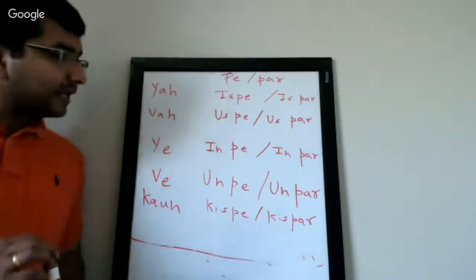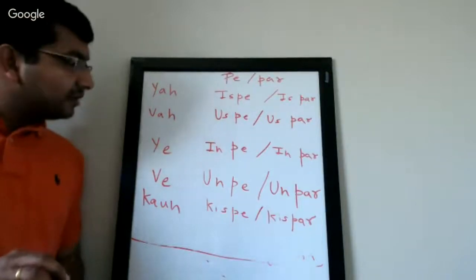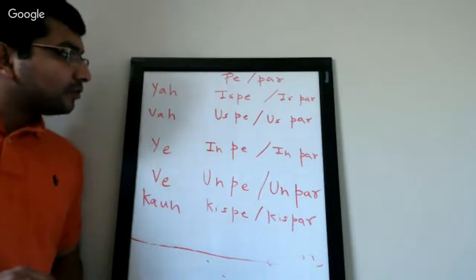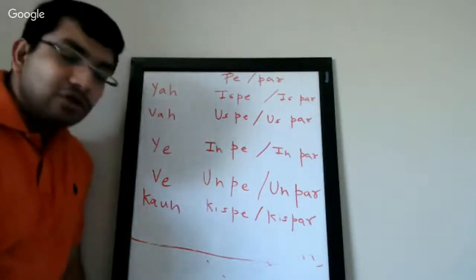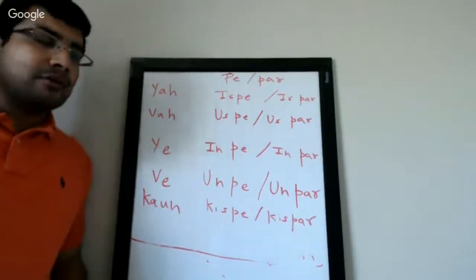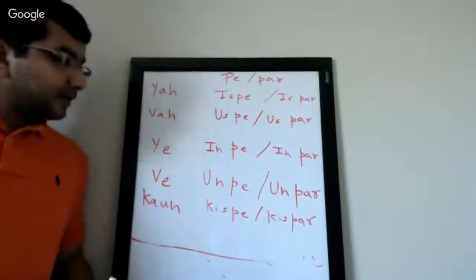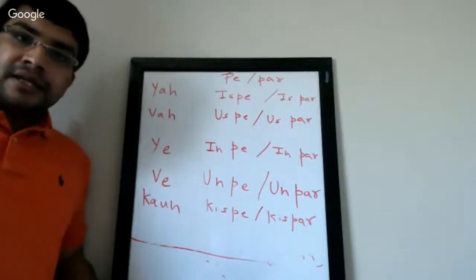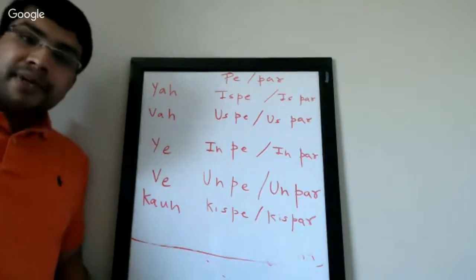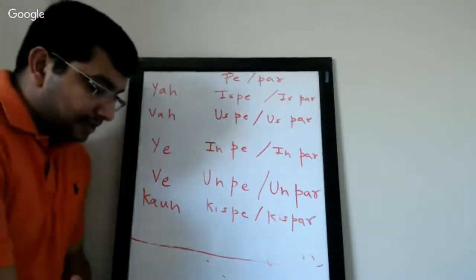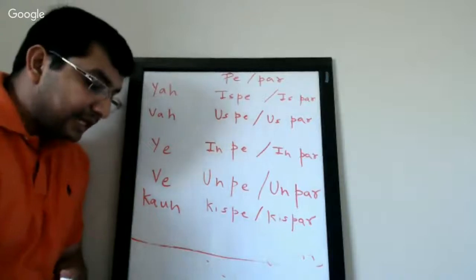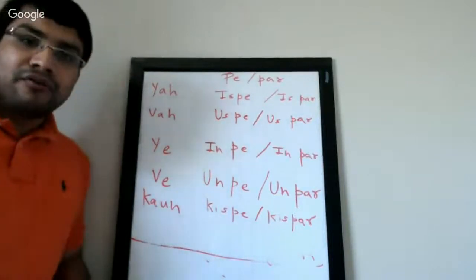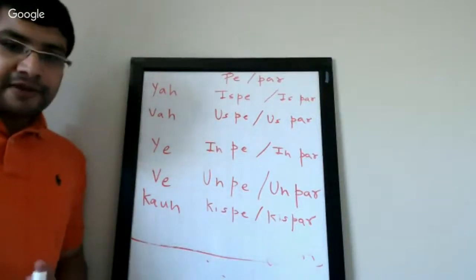It'll be interesting, because so far all the post positions we have covered, ne is remaining, but ka, ke, ki, me, pe, par, and then similarly ke liye, all of them will be clarified, right?